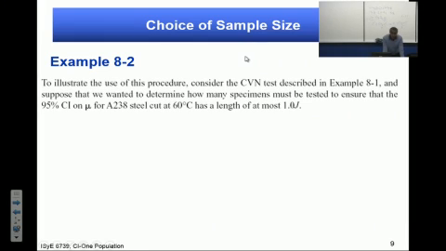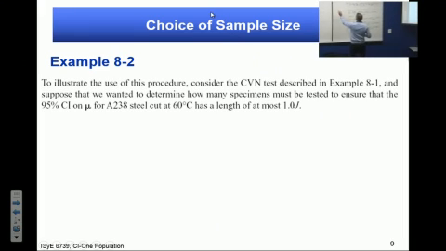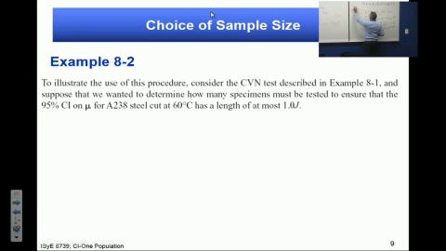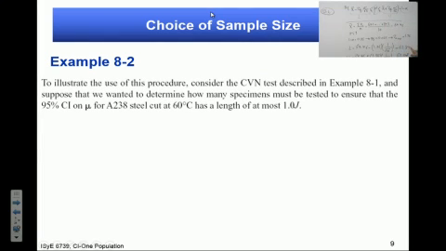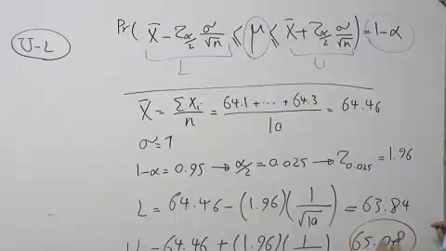Actually, I made a mistake. This length is the length of the confidence interval. If you read it again, it says to ensure that the 95% confidence interval on mu has a length of at most. So the length of the confidence interval means U minus L, because you have two numbers here, the length means upper bound minus lower bound.